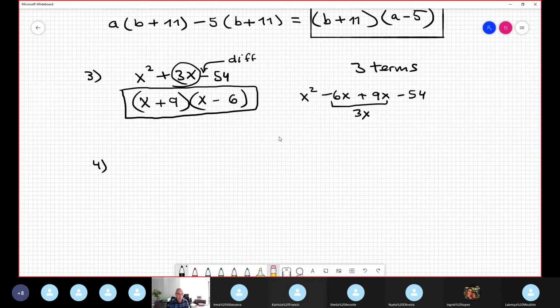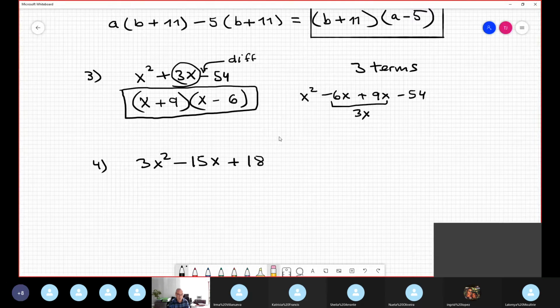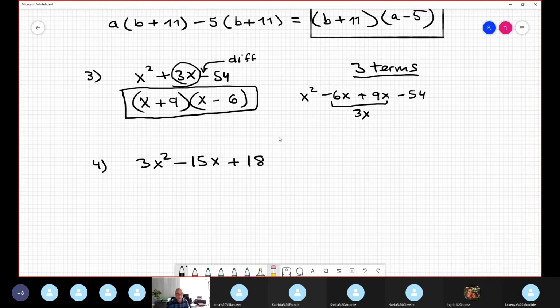Everyone follow me? Yes. What do you think about this trinomial? It's a trinomial, right? 3 terms, 1, 2, 3. Is it regular, complicated, perfect square? I don't know.